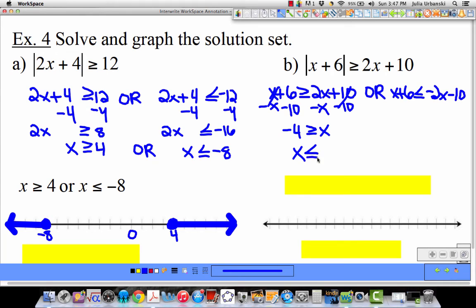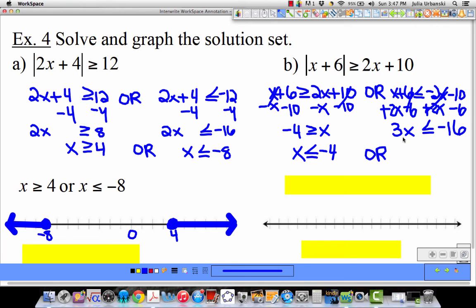So I'm going to turn it all the way around and make it x is less than or equal to -4. If you flip it around, you have to flip every single thing around. Or, on this side, we're going to add 2x to both sides so it stays positive. And then we'll go ahead and subtract the 6, and we get 3x is less than or equal to -16.